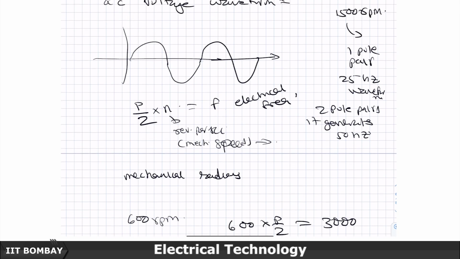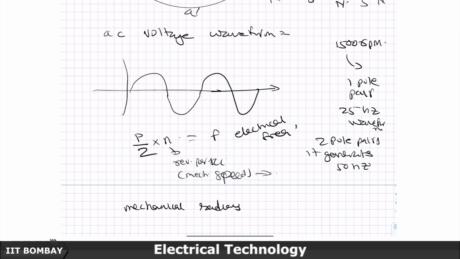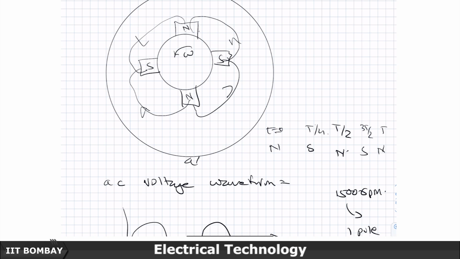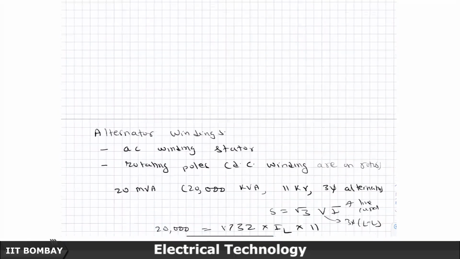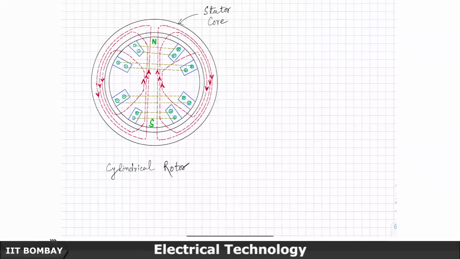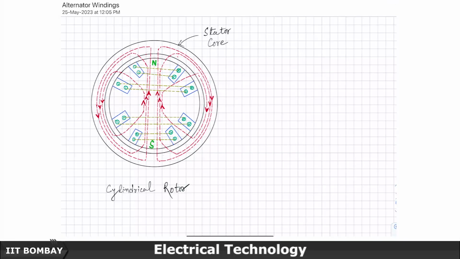So, let us look at the construction a bit carefully now. Some of the context has been set. The cylindrical rotor machine is much easier to explain, so I will start with the cylindrical rotor machine. This is my stator. I have 2 conductors per slot.